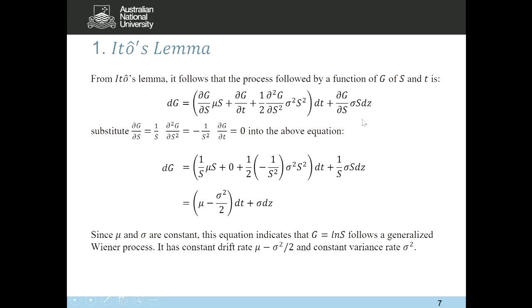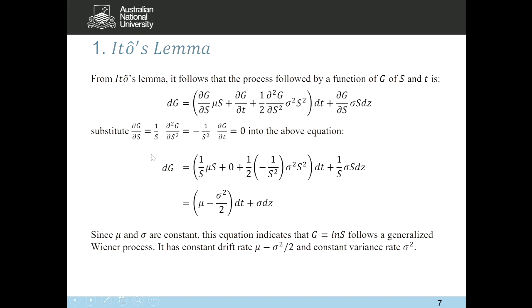Now, if you watch this equation carefully, you realize we can substitute this term into this term here. So what we will get is 1 over S times mu times S. Then also, we can substitute the second differentiation into this term here.